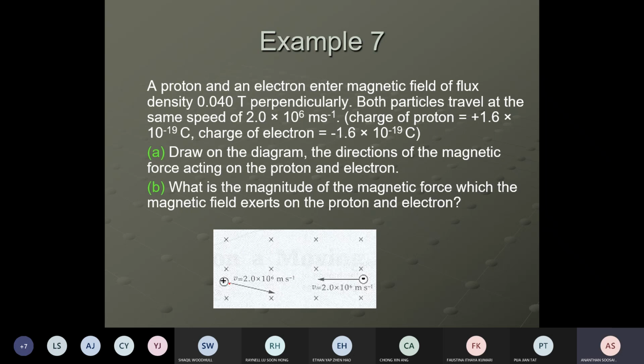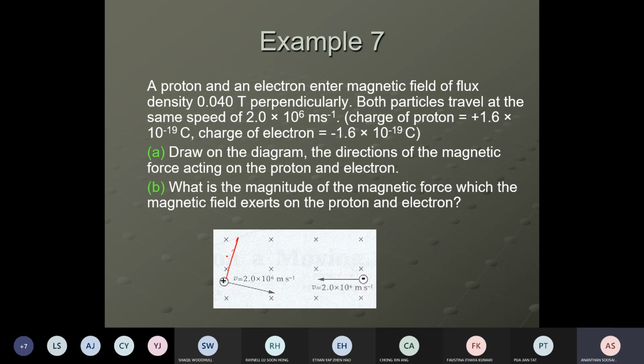So you see in this diagram here, there are two diagrams. Positive is moving a little diagonally downwards. Negative is moving to the left. Which direction is the force acting on the positive? Positive is easy. Use Fleming's left-hand rule. FBI. B is into the page. I is diagonally to the right.